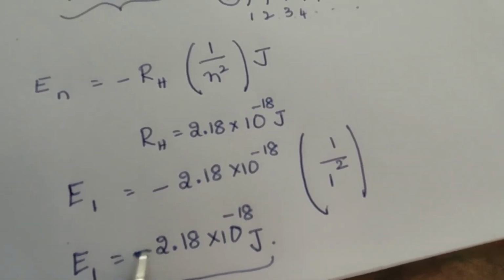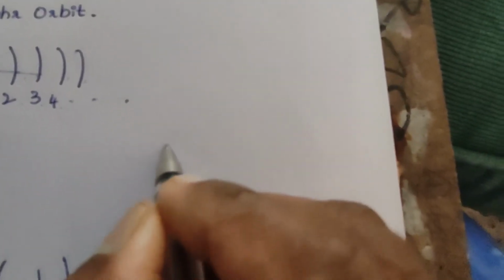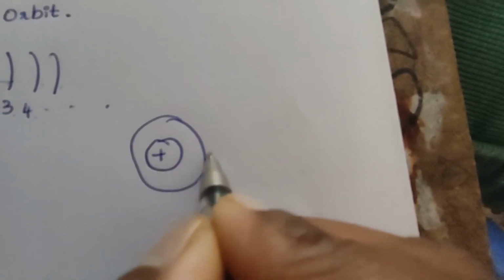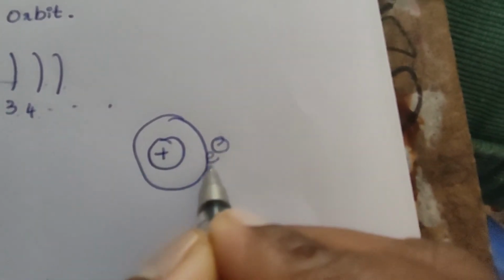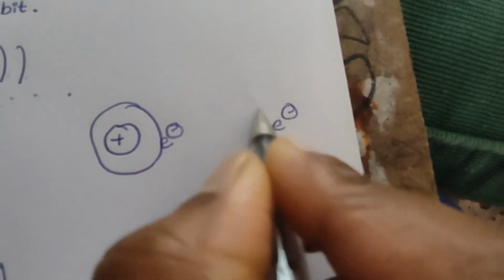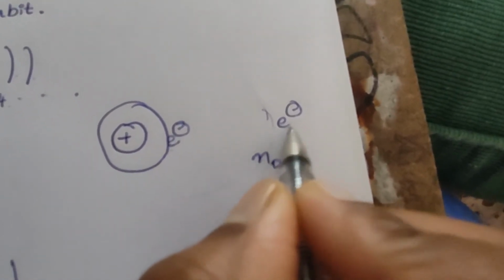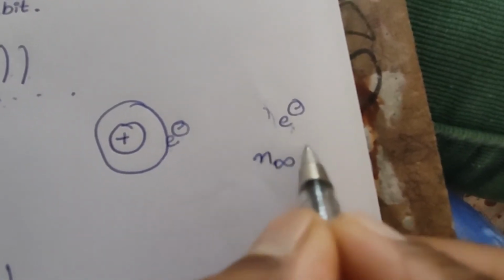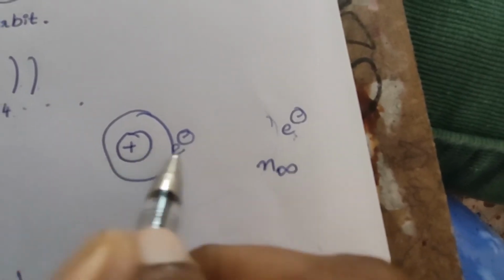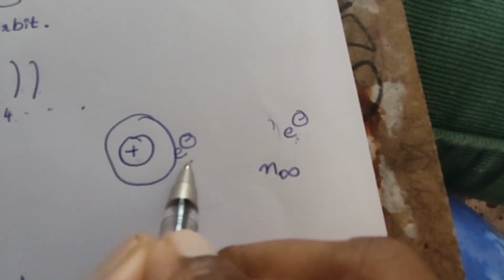Here we are assigning negative values to the energy. This is because if we consider the electron present in the stationary state which is closer to the nucleus, and the electron which is farther away from the nucleus, let it be at n infinity, this electron experiences zero nuclear effect on it, whereas the other electron is fully influenced by the nuclear attraction.